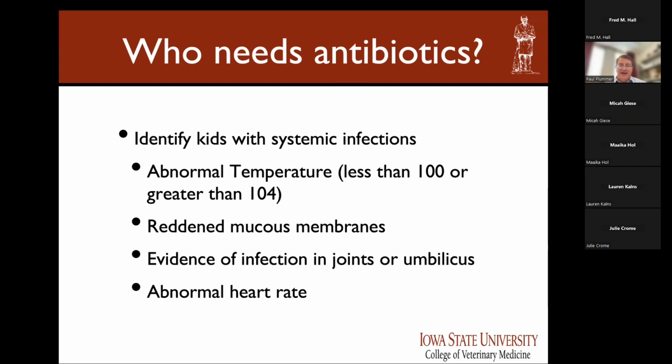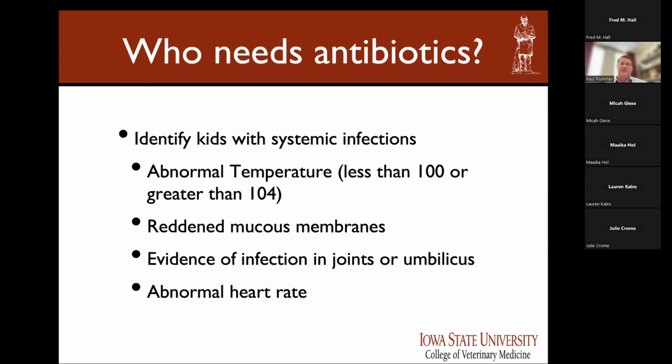Is that really hyperemic, red, inflamed? Then that might be an indication of a systemic infection. Do they have hot joints or a hot umbilicus or an abscessed umbilicus? Evidence of an infection in joints or umbilicus somewhere suggests that the bacteria has gotten into the blood and gone to other places. That is a systemically infected animal, and we need to treat it.